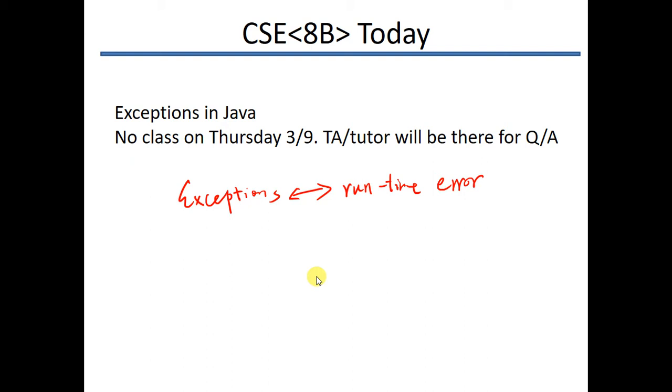And what Java allows us to do is to take care of those execution errors. If you experience an error during the execution of the code, there is a way for your code to either gracefully degrade, which means your code will stop running but not in a violent crash, or you may say, let's take care of it so my code can keep running. And that is what we'll talk about today.